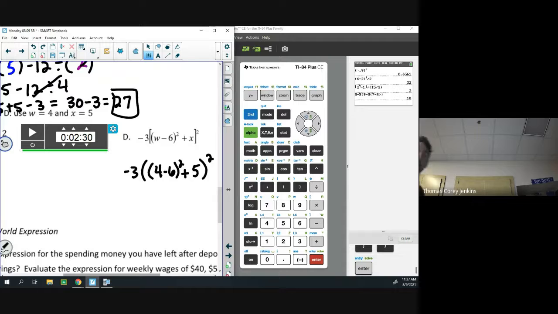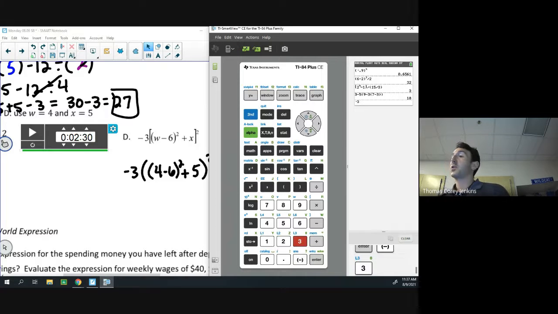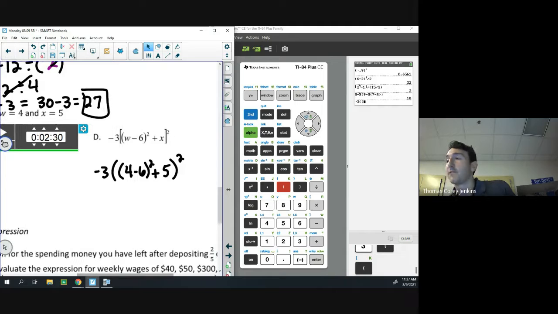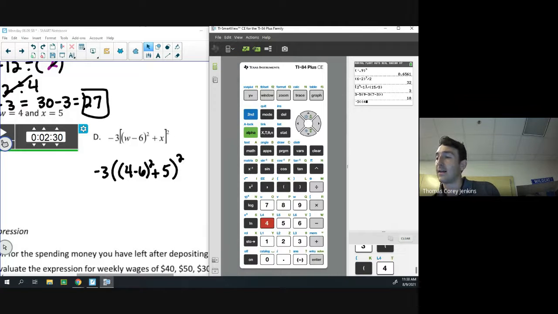Now, let's try to type that in. Let's see if we can type that in correctly, okay? We have multiple exponents, multiple parentheses. If you can type this in, you're using your calculator pretty well, okay? So I'm going to go -3. Make sure you do negative and not minus 3, okay? Open 2 parentheses, so open, open. Then 4 minus 6, close parentheses. Take that to the second power.